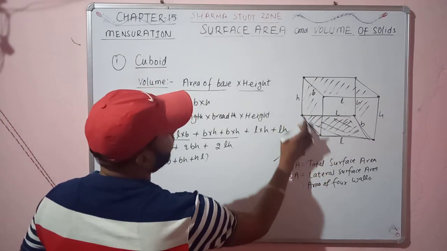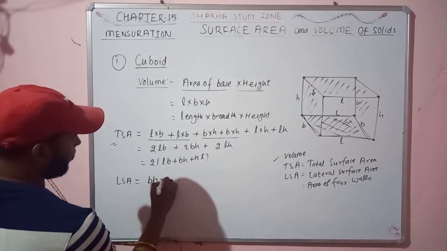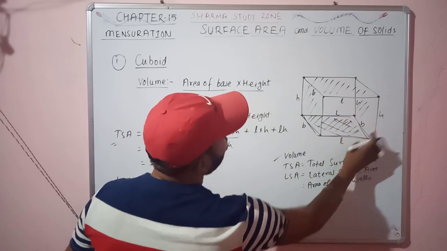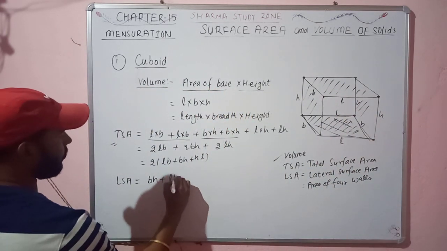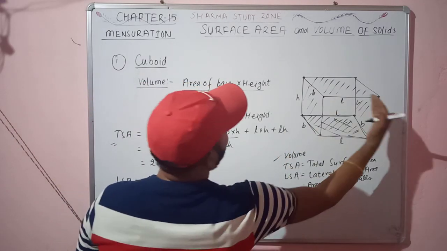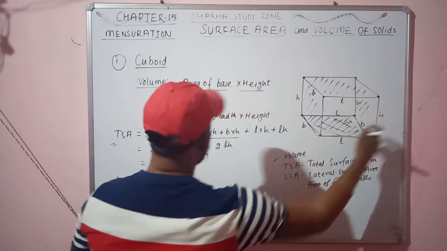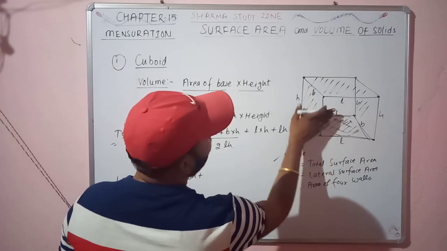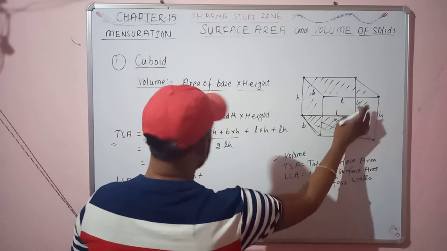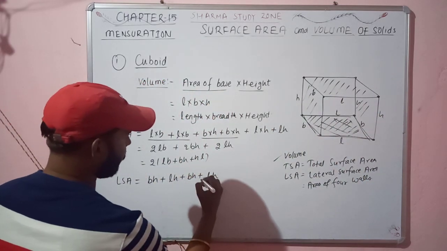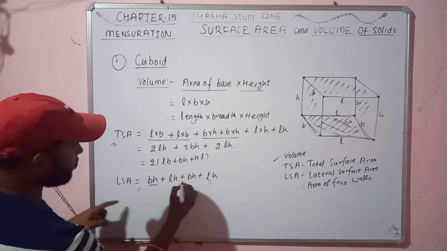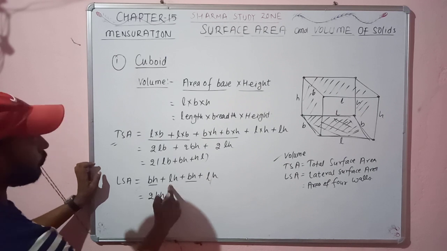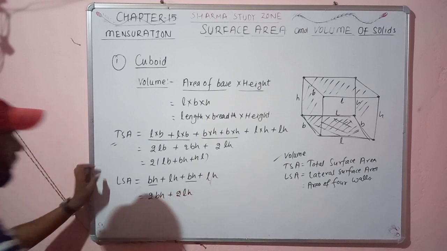For this we have B into H plus, for the front of the cuboid we have L into H. Again, for the right side of the cuboid we have B into H, and again we have the back side of the cuboid L into H. We have 2 times B into H, it will become 2BH, and 2 times LH, it will become 2LH.